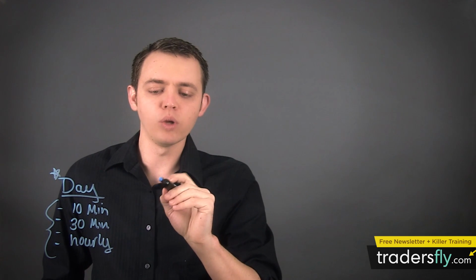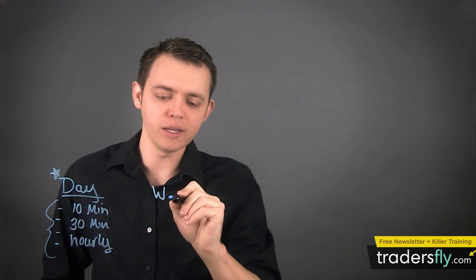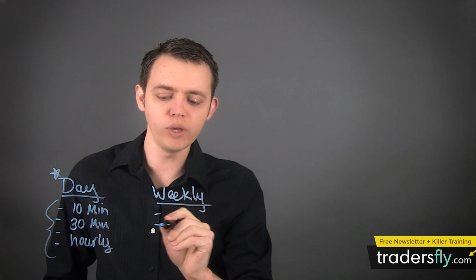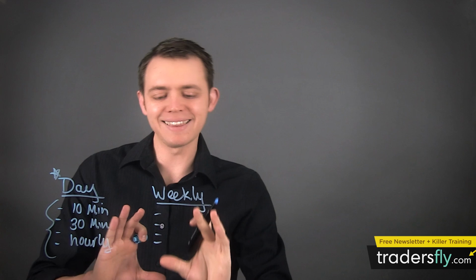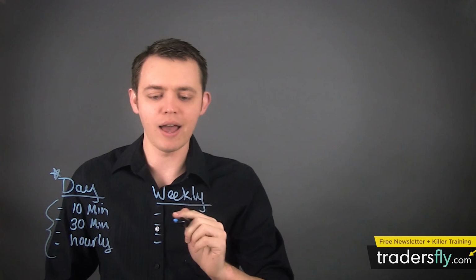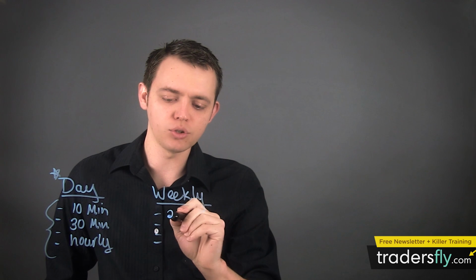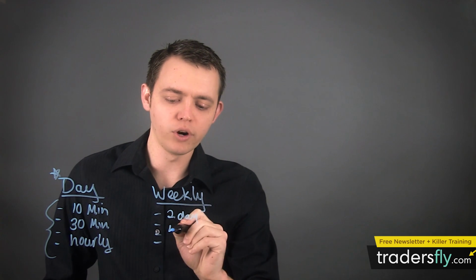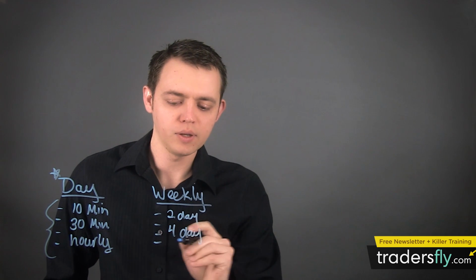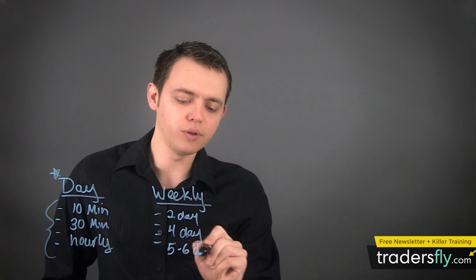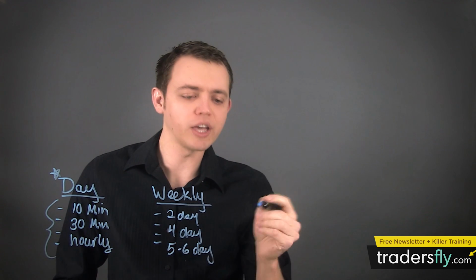The next one, the main one I like to look at, is the weekly. You can also break the weekly down, so you can have multiple weeks, or even a 2-day, a 4-day, maybe even a 5 or 6 day. There are different time frames you can look at there.